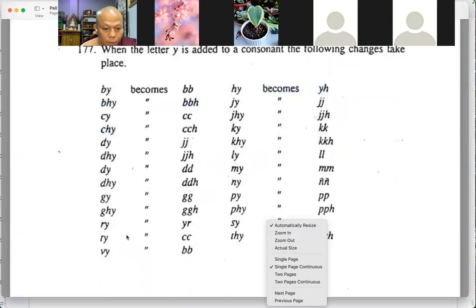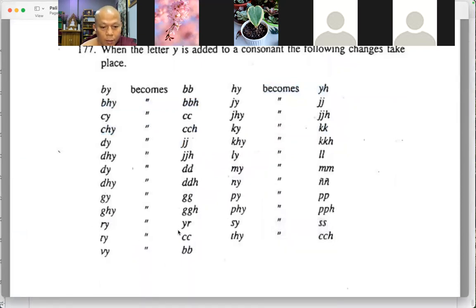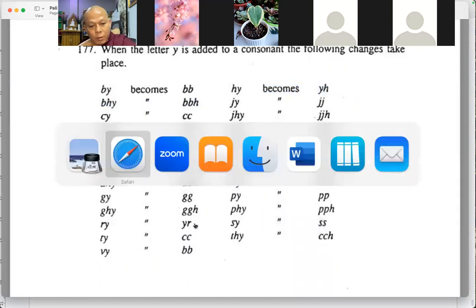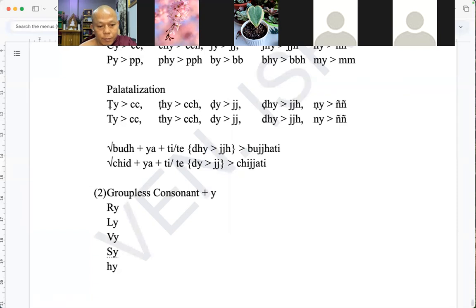Now you see, raya becomes yara. Raya becomes yara. That is metathesis, changing their position.